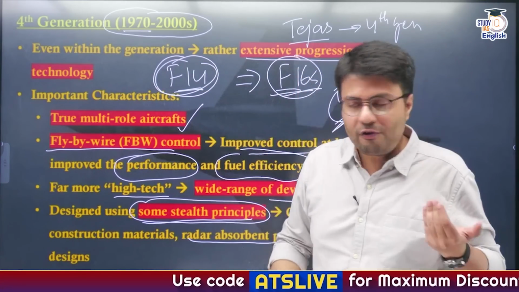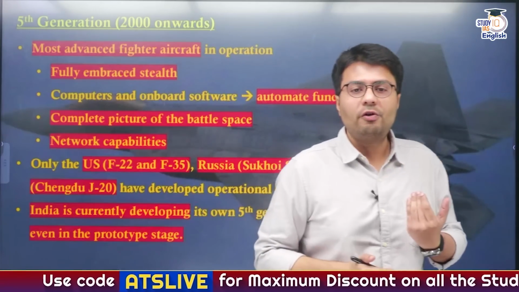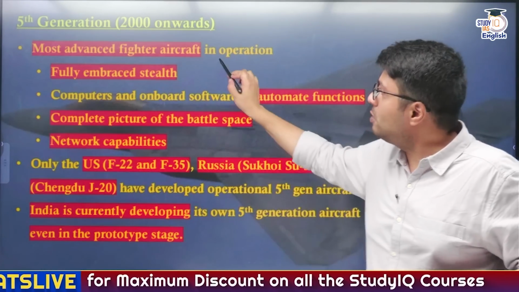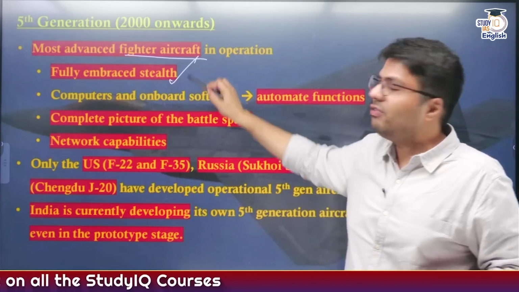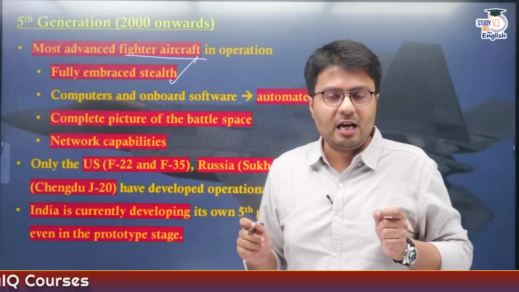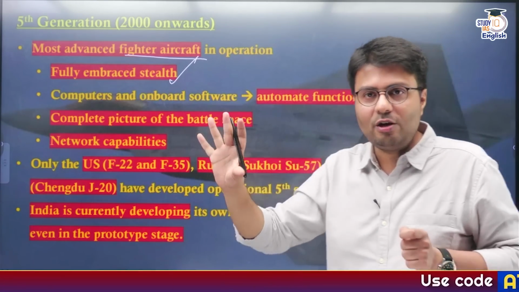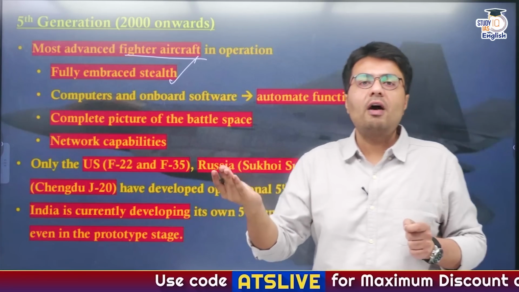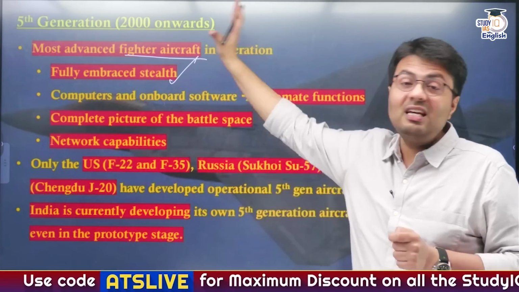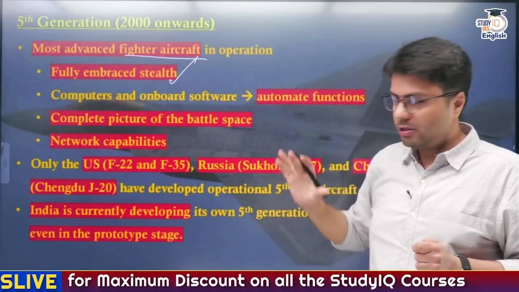So the next generation of aircraft, that is the fifth generation, these are the most advanced fighter jets that are in operation, because these are the aircraft that have completely embraced stealth technology. They have a radar signature of that of a bird, and that means enemy radars and enemy aircraft have a problem in detecting these fifth generation aircraft.